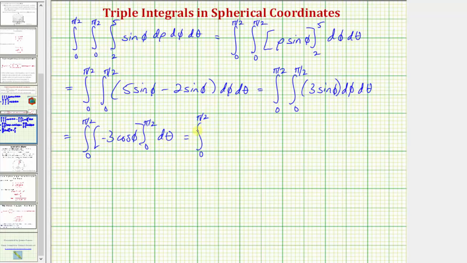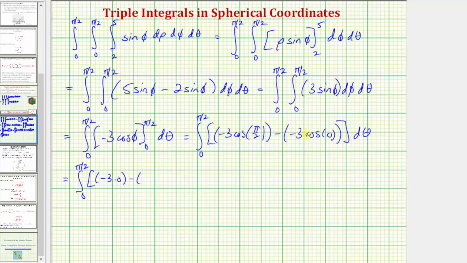So big F of B minus big F of A is going to be negative 3 cosine pi over 2 minus negative 3 cosine 0. Well, cosine pi over 2 is equal to 0, so we have negative 3 times 0 minus negative 3 times cosine 0, which is equal to 1. So this simplifies to 3.